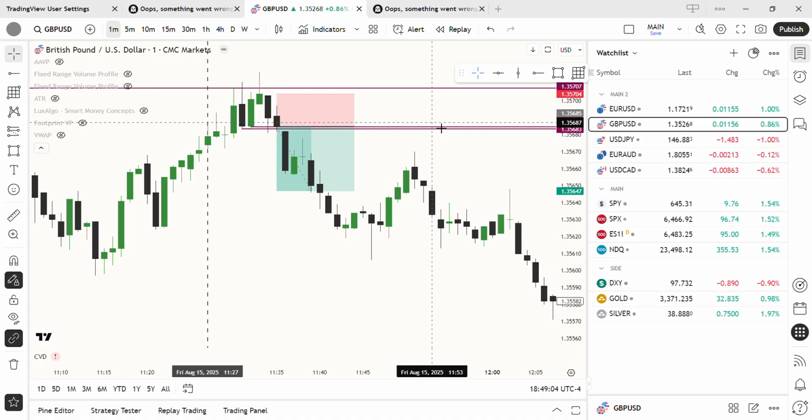Class A, we have break of structure close plus 3 confluences. Class B, break of structure close plus order block. And Class C, wick break of structure plus order block. That's good. That's good shit. I like that. August 15th.